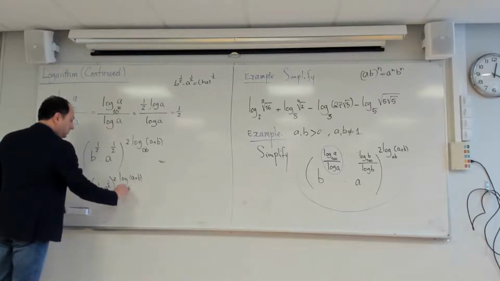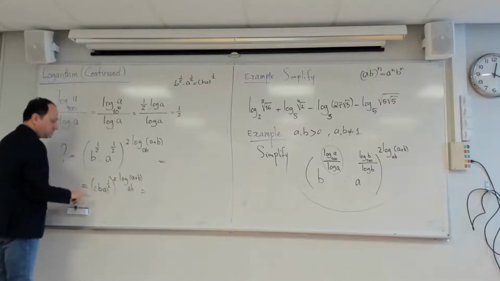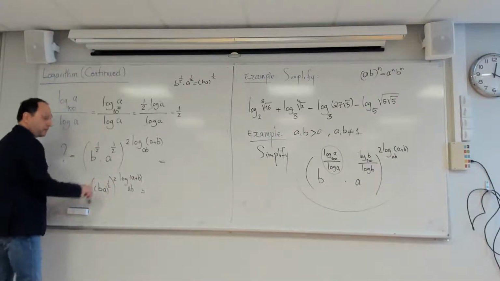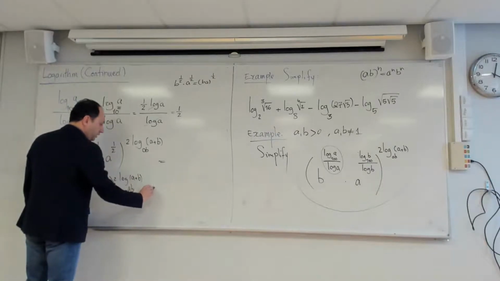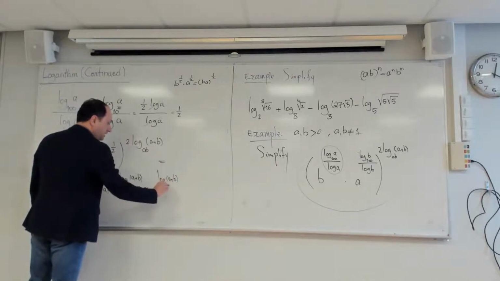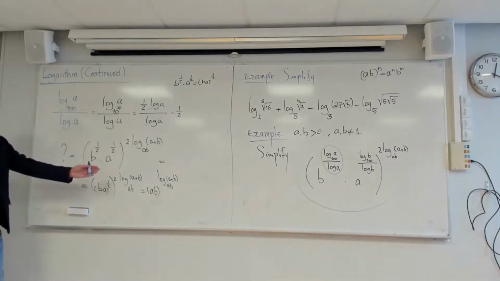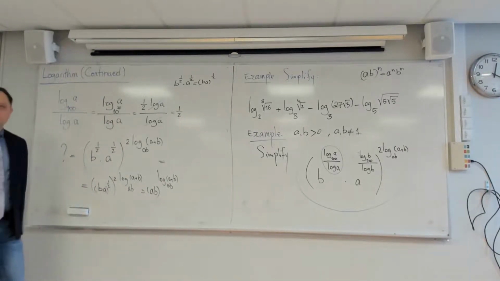So what is the answer? This 1/2 will be multiplied by this exponent. This will kill this one. So what happens? It is AB to the power of log of A plus B in the base AB. Agree? Yes or no? And what's the answer? A plus B. We are done.